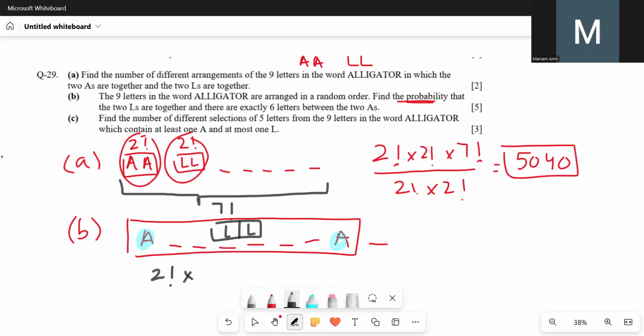Now I'm going to write the arrangements for these 2 L's. That's also 2 factorial. We have 2 L's at 2 spots. Okay, now let's group these. We have 4 alphabets and 2 L's joined together because the 2 L's cannot be broken apart. They have to be together.